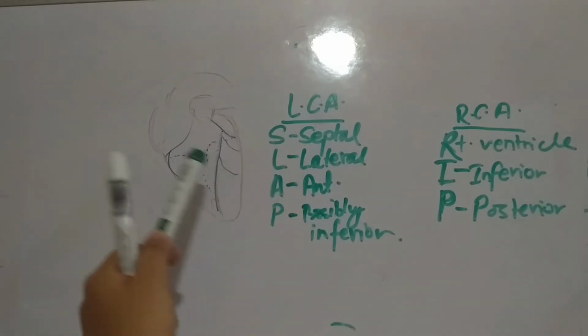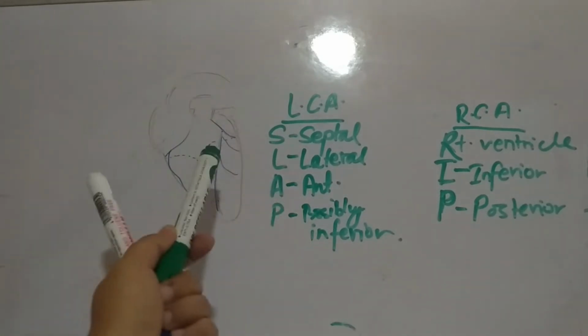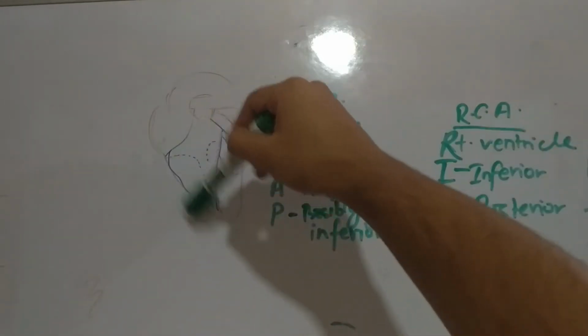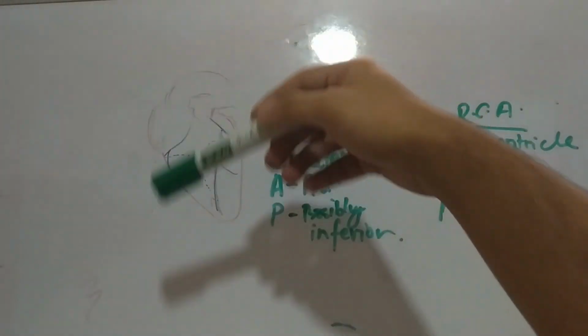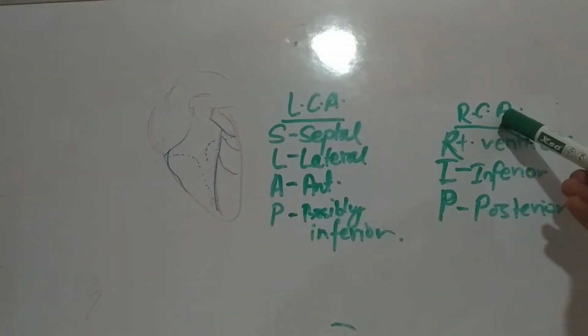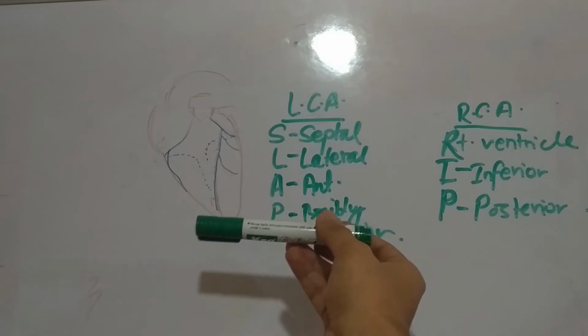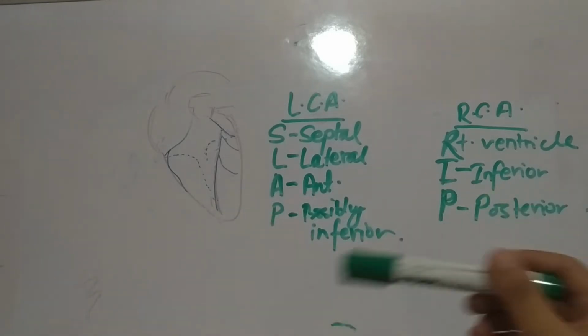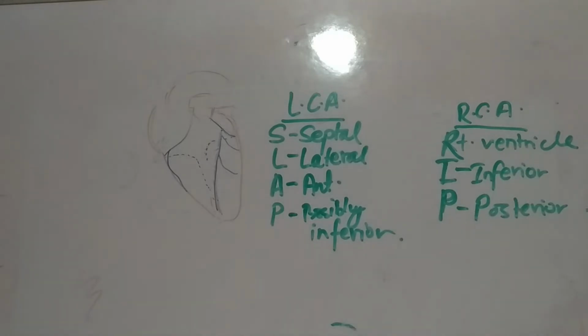Possibly inferior in case of co-dominant or left coronary artery dominance. In the right coronary artery, the right ventricle, the right border are all supplied by the right coronary artery. The inferior part, mostly in right dominance, and posterior, that is the back part. So this is the basic fundamental.